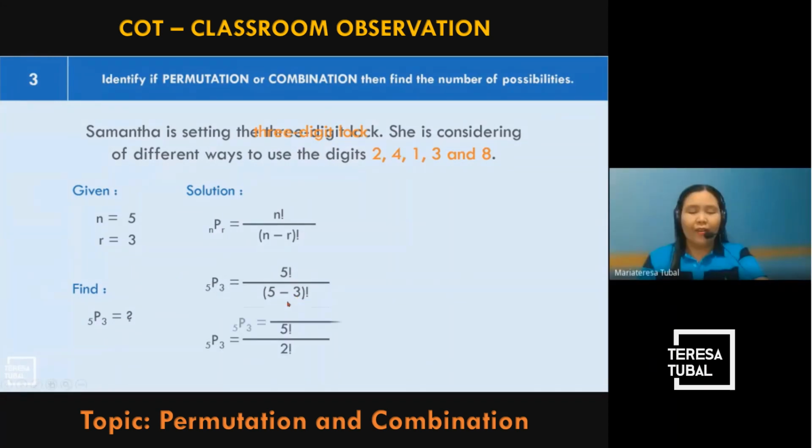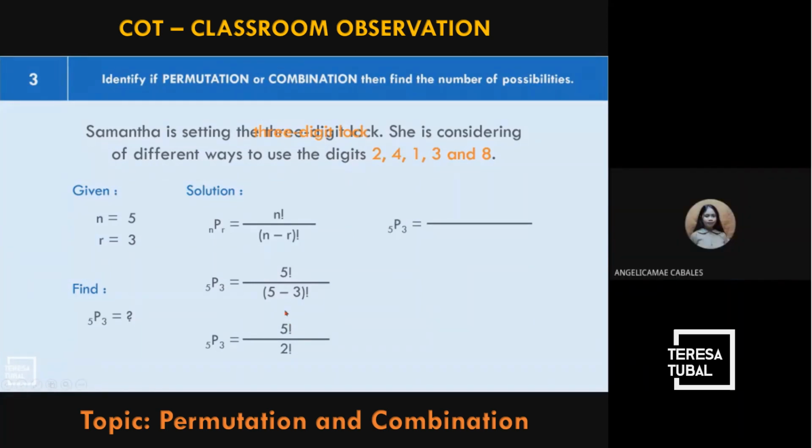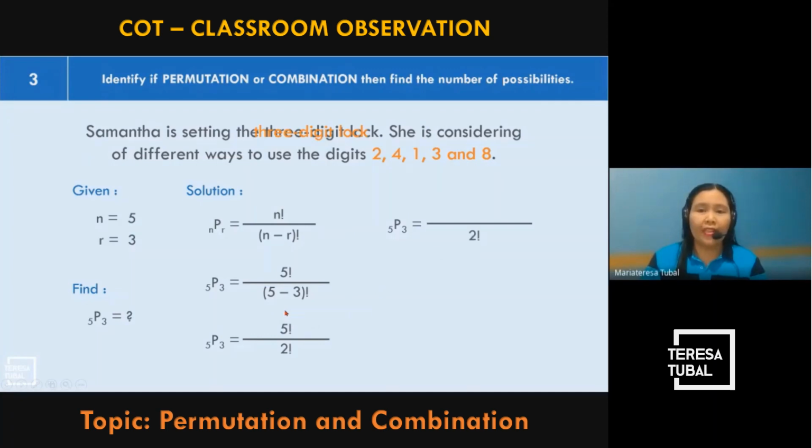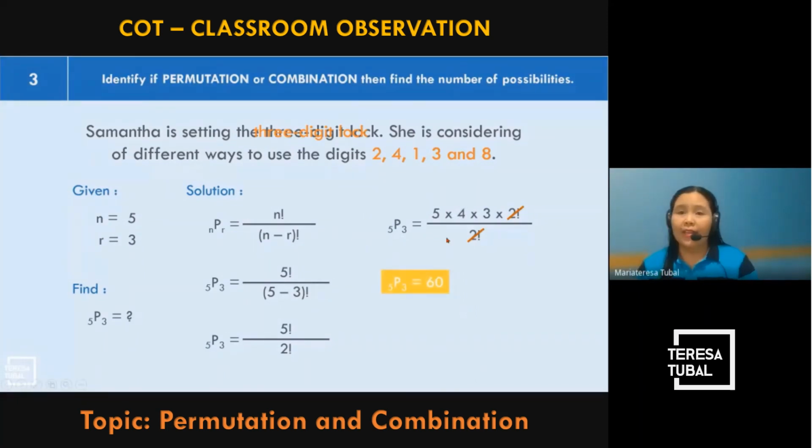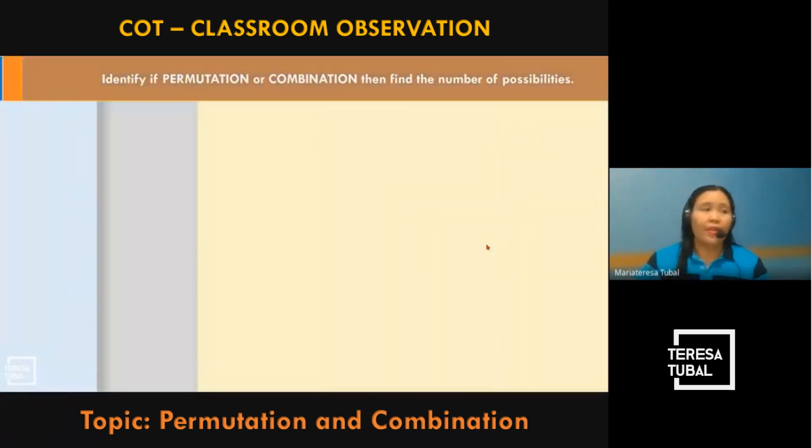Okay. So saan ako mag-stop sa numerator para makapag-solve? Okay, very good. So, that is equal to 2 factorial. So, cancel 2 factorial now. Can you give now the answer for permutations of 5 objects taking 3 at a time? 60 po, ma'am. Okay, very good. The answer is equal to 60. So, it means the permutations of 5 objects taking 3 at a time is equal to 60. How about number 4?